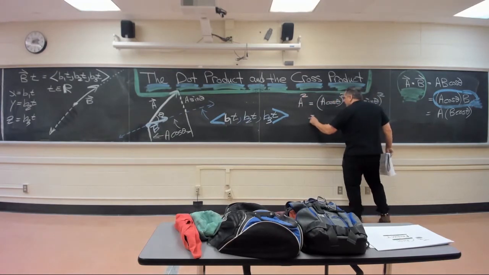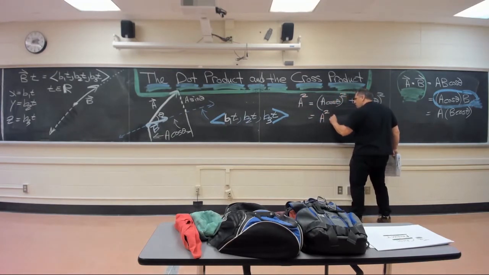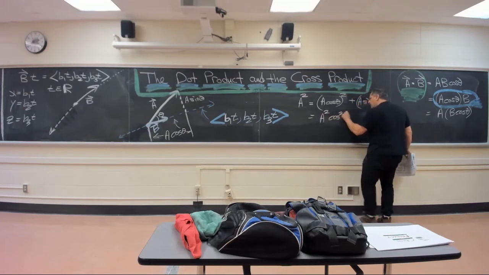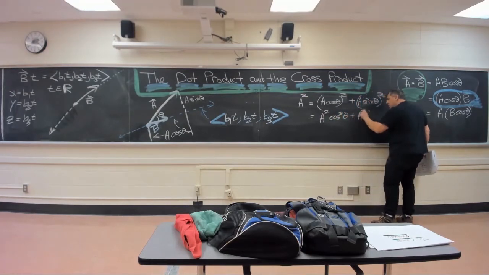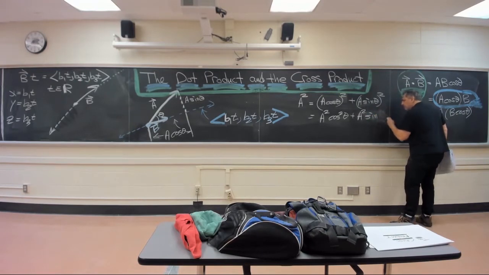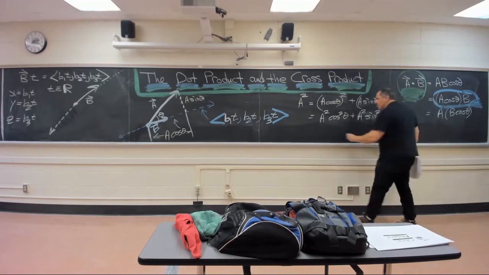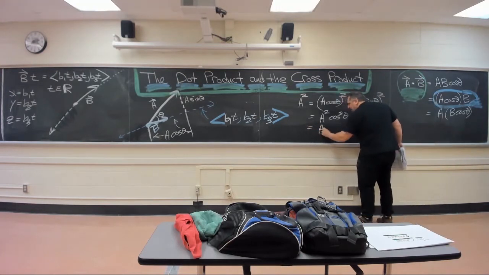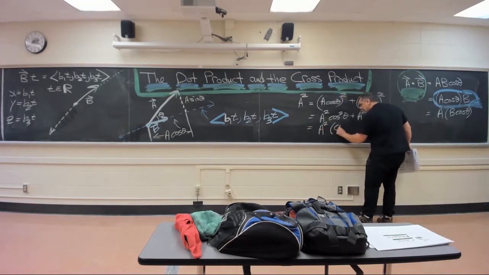Is that true? Yeah, I think it is. We got a squared cosine squared theta plus a squared sine squared theta. You take the a squared out of it, just old-fashioned mathematics, guys.